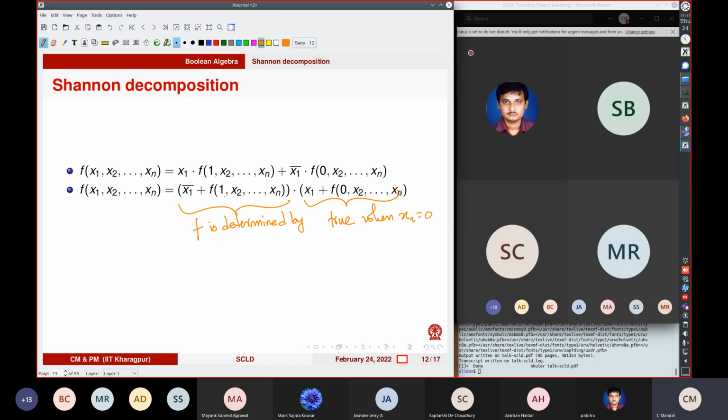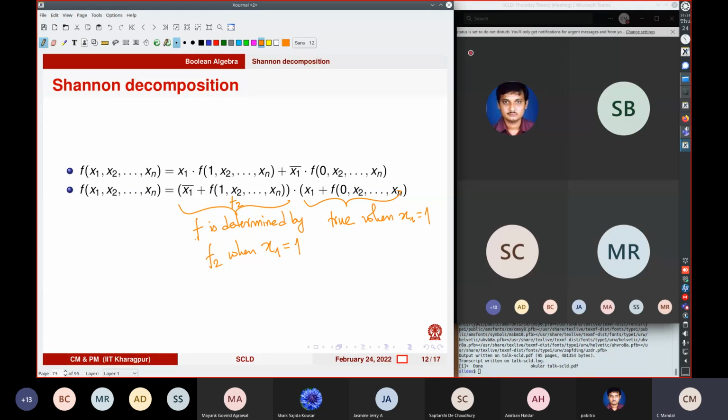This, as you have seen, is f2. It is determined by f2 when x1 is equal to, sorry, I made a mistake here, when x1 is 1.